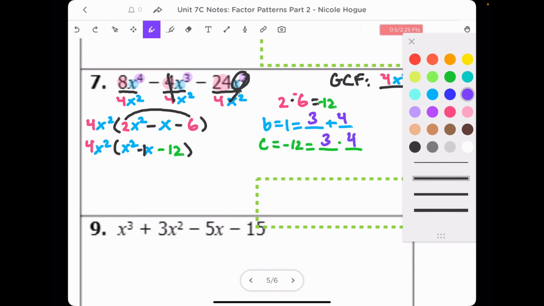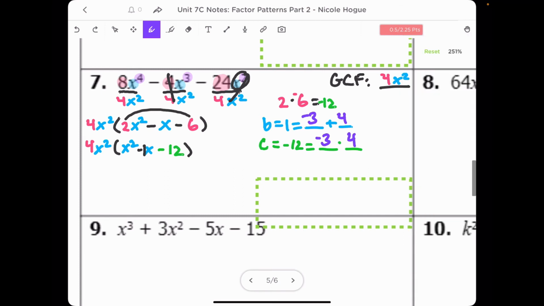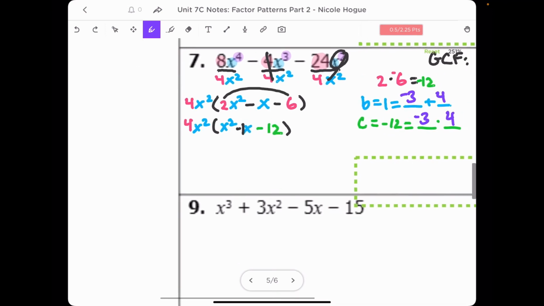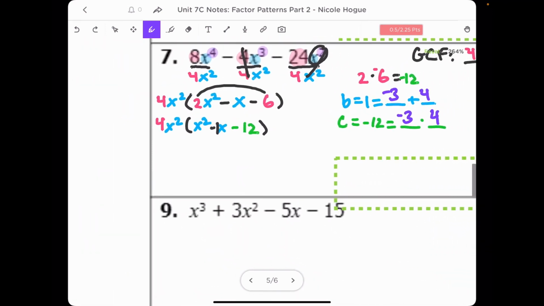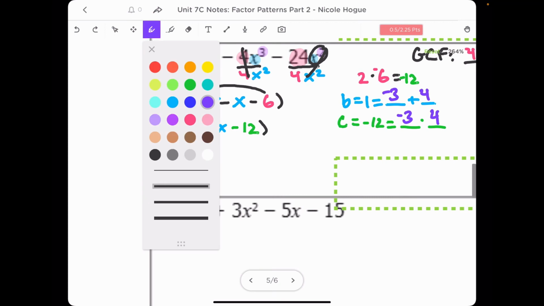So which one of those would give you 1 if they were negative? And that would be 3. So therefore, our new factors of our new trinomial are going to be x minus 3, x plus 4.